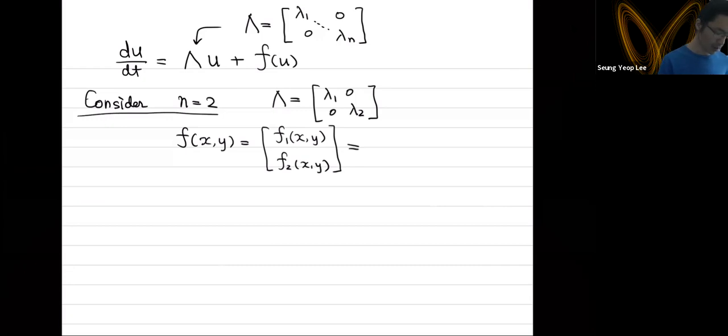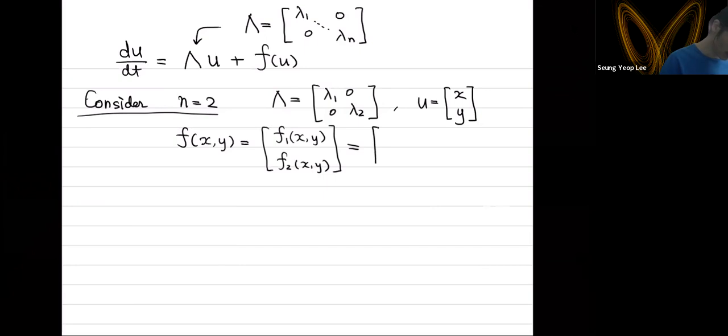And we are expanding around the fixed point, the origin. And f starts from the quadratic term because the linear term is already taken care of by this Lambda u part. What is u? U is equal to (x, y), two dimensions, n equals 2.